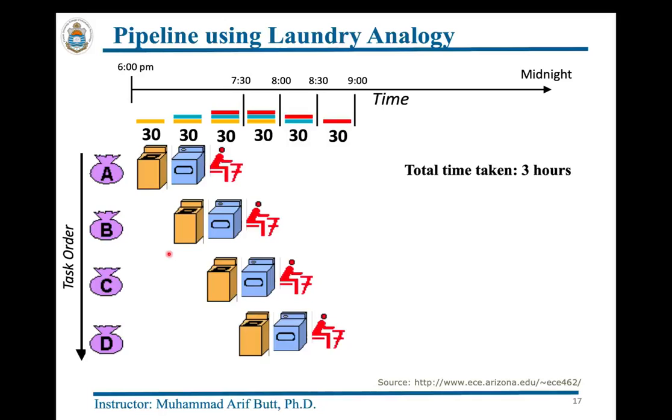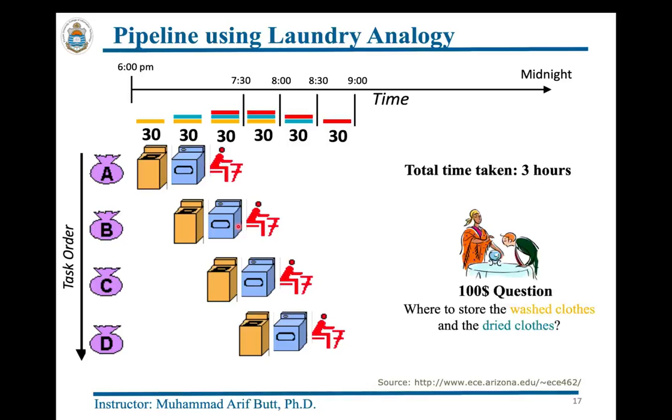Although every task is still taking 90 minutes, note that task A has taken a total of 90 minutes, task B has taken a total of 90 minutes. So every individual task is still taking 90 minutes, but the overall throughput of the system is increased.